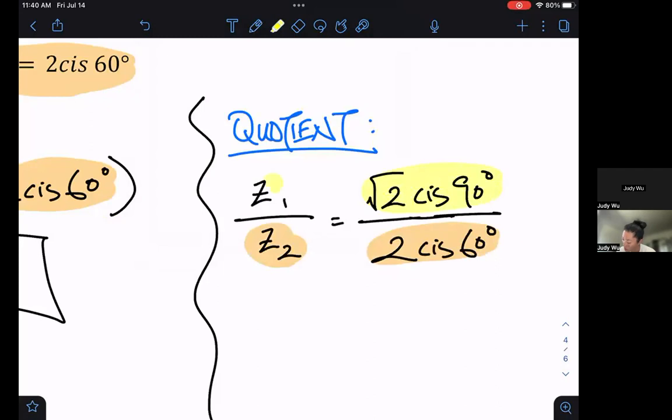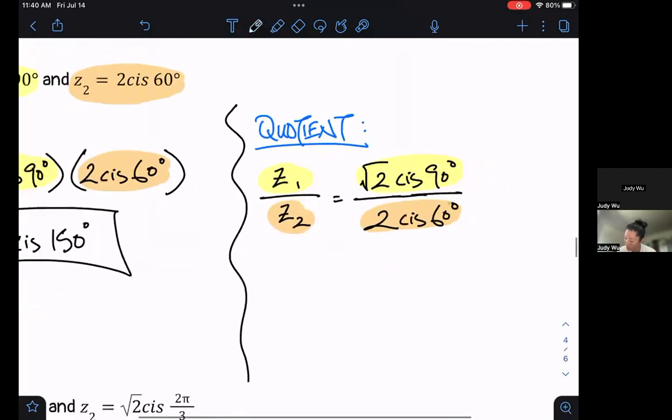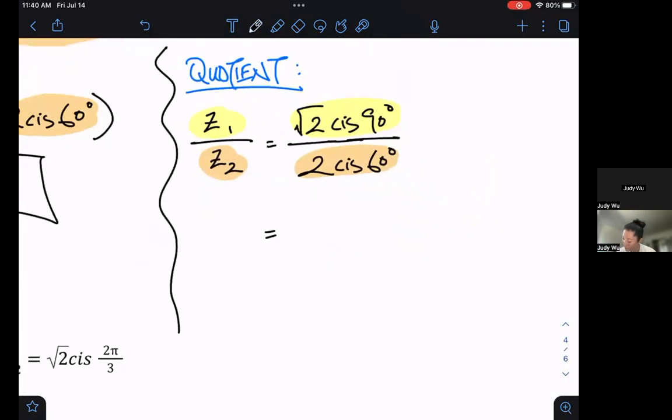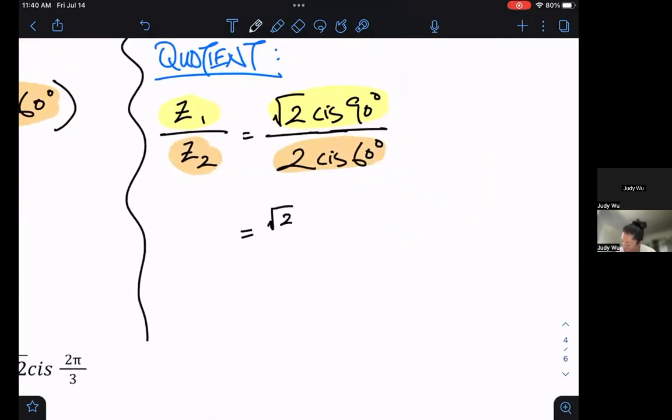And the way we would simplify this is we would get root 2 over 2. So we would divide these two, but we don't get cis of 90 divided by 60. We actually get cis of 30 degrees.